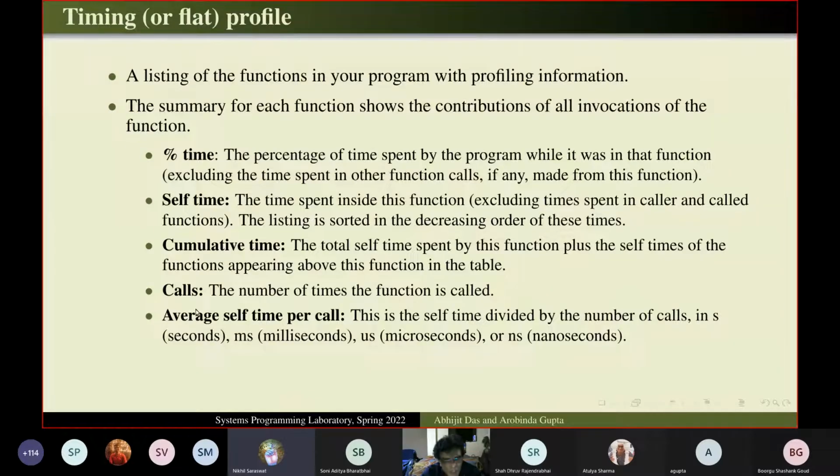In fact, we will see more detailed information about the number of calls, who called whom, and so on in the call graph. So let us not worry too much about these calls when we are talking about the flat profile or the timing profile. And the average self time per call.